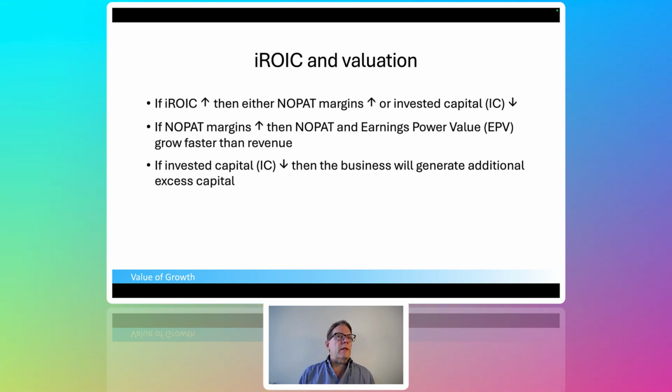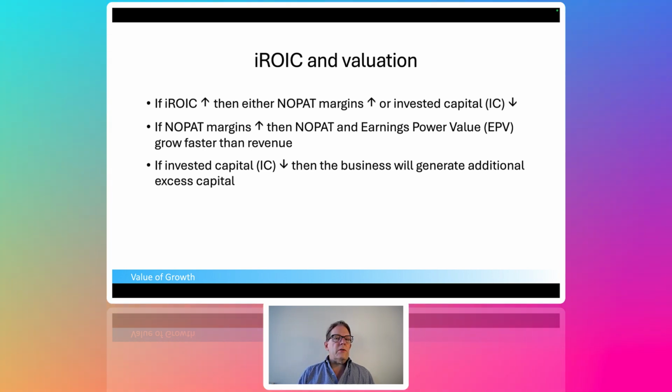So either the profitability is going up and the capital's holding, and therefore the incremental capital is becoming more profitable, or your invested capital is going down for an increase in a dollar of earnings. So either your profitability is increasing for the level of capital, or the amount of capital you need to grow those earnings is going down incrementally.